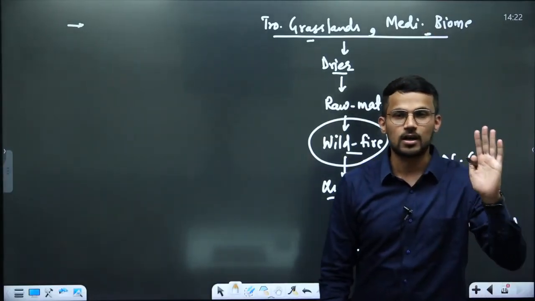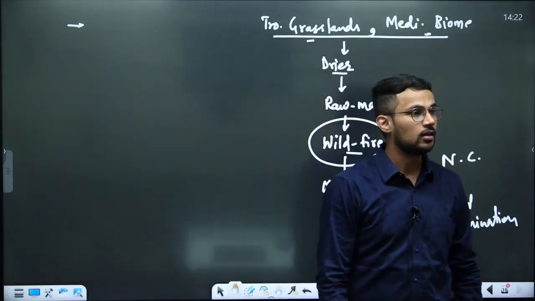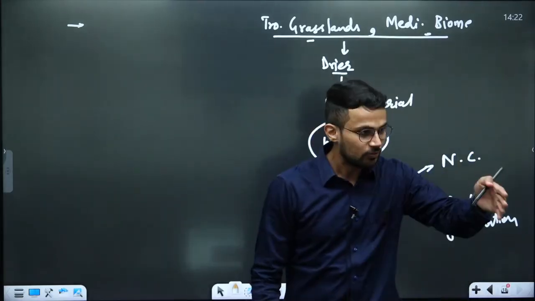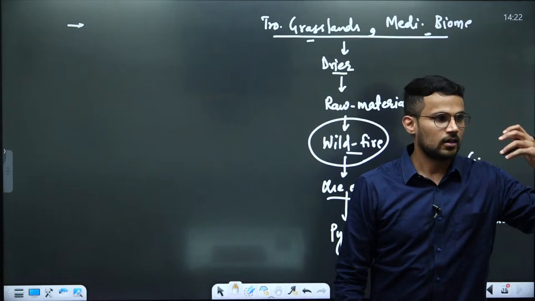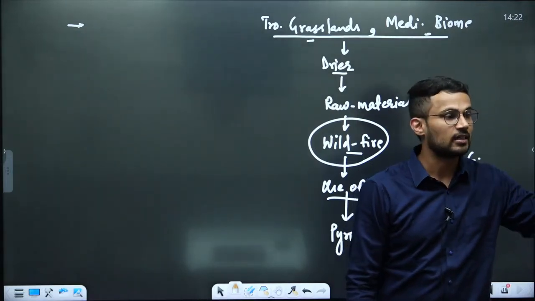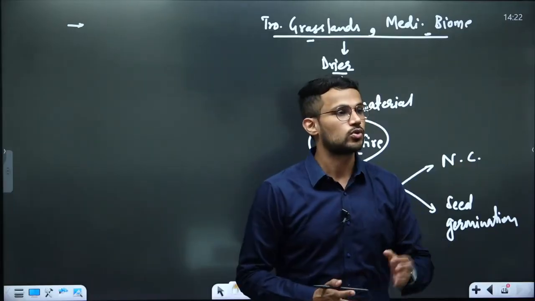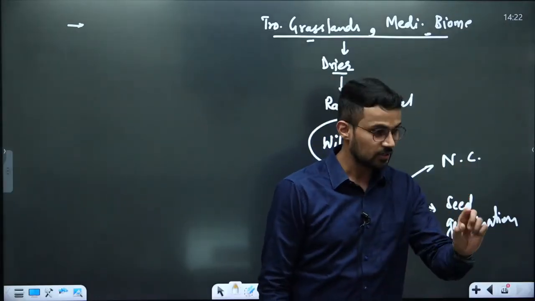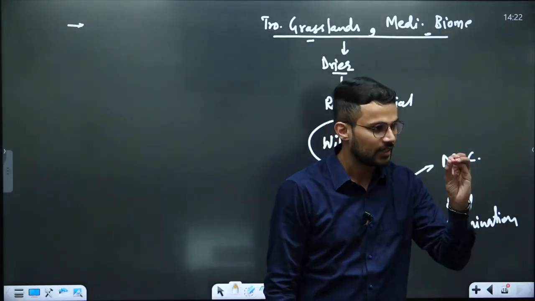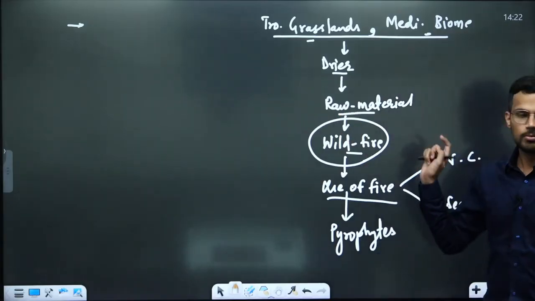California often comes in the news for fire, right? Even हाल फिलहाल में, let's say, European countries like Greece, Spain, Italy were also in news for fire instances, right? क्यों होते हैं वहां पे? Because they have availability of raw material.